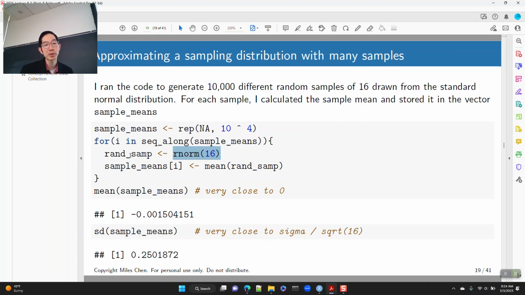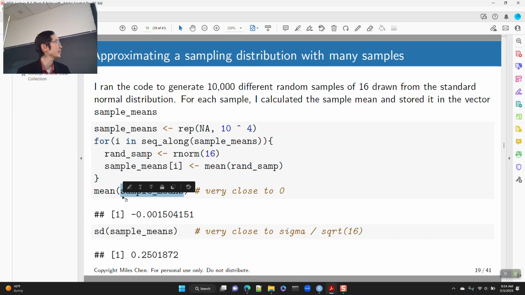That forms my random sample. Then I calculate the mean of those 16 values and store that mean into sample_means location i. I do this 10,000 times, and at the end, sample_means has 10,000 values.